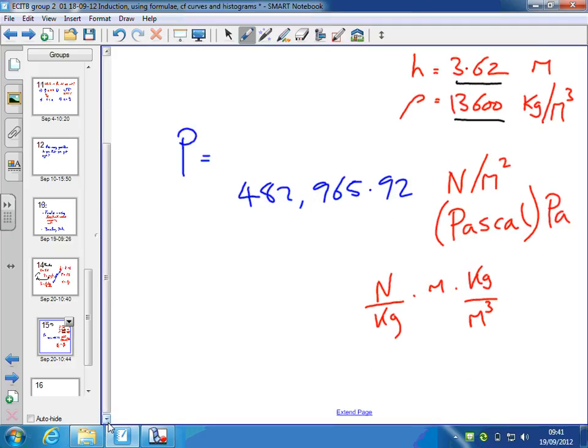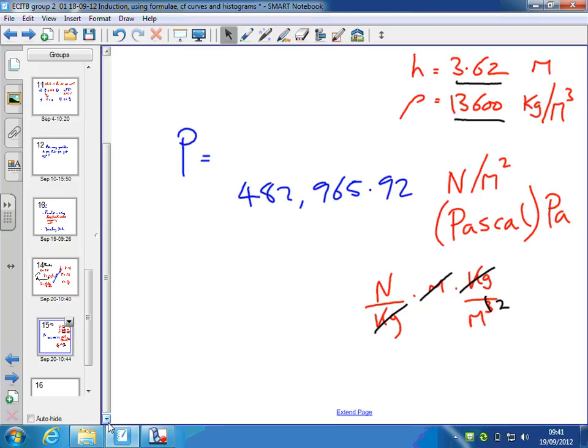And if you look at it, kilograms cancel, top and bottom. One of the meters on the top cancels with one of the meters on the bottom, leaving meters squared, and you end up with newtons per meter squared. So if you don't know what the unit is, as you were saying, Daniel, with a bit of algebra, you can actually work out what the unit is.